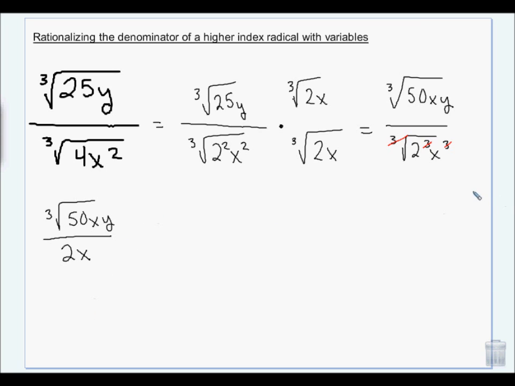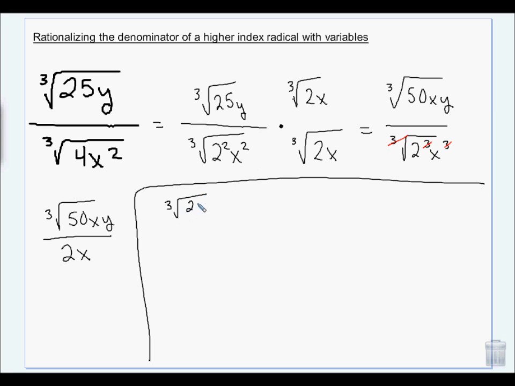Now, the other way to go about it requires less thought. It ends up being more reducing at the end, but less thought. If I have cubes, if I square a square and it cancels out, I would cube a cube root to cancel it out.